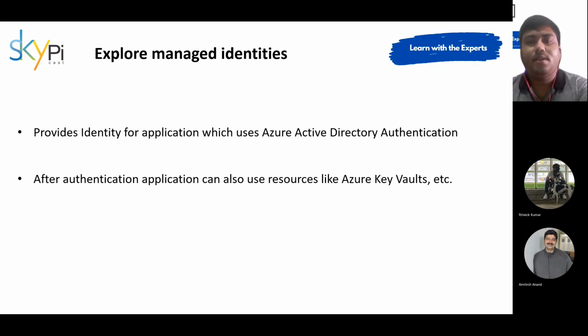So both of them are Azure resources. The SQL database is of course authenticated by Azure Active Directory. We can use Azure Active Directory for authenticating people, so that they can use the SQL in turn.